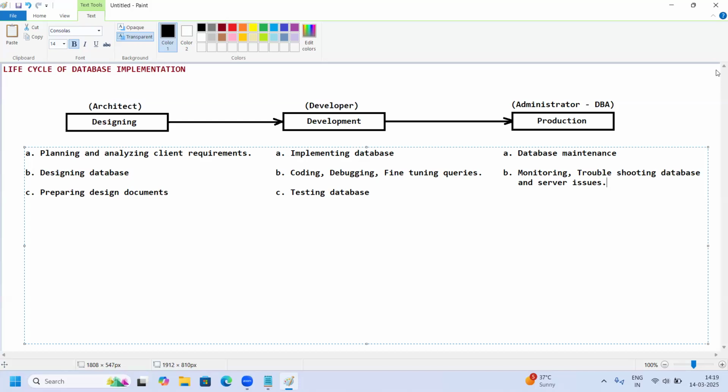Troubleshooting, I meant to say. Database issues also you're supposed to resolve. Server related any issues also, administrator is the one who is going to resolve those issues.